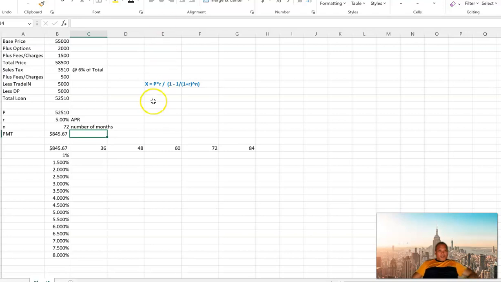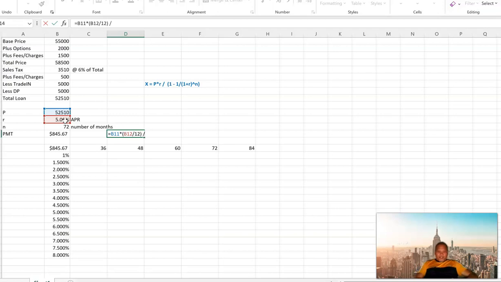If you're calculating it by hand, we will arrive at the same answer. So it's going to be P times R, where P is 52,000 and R is this over 12.